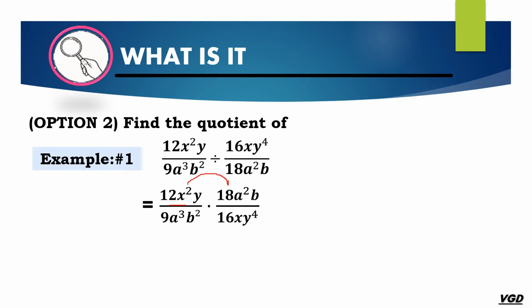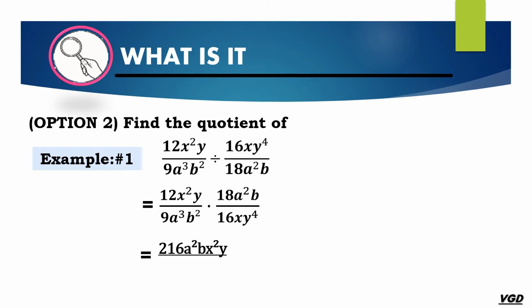So, multiply the denominator of the first rational algebraic expression by the denominator of the second rational algebraic expression. So in this case, we will have 12x squared y times 18a squared b is equal to 216a squared b x squared y.